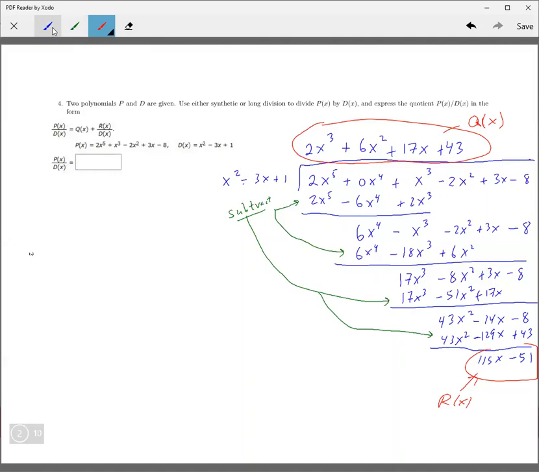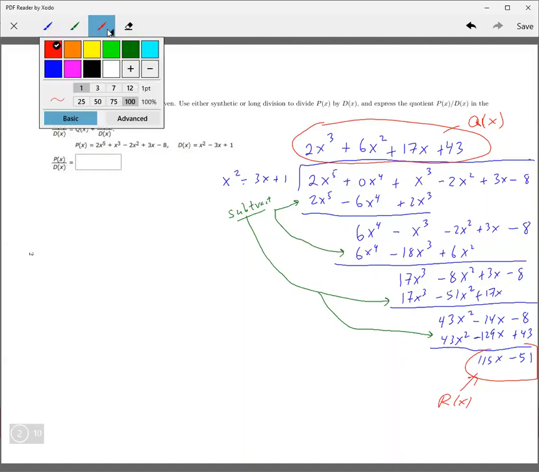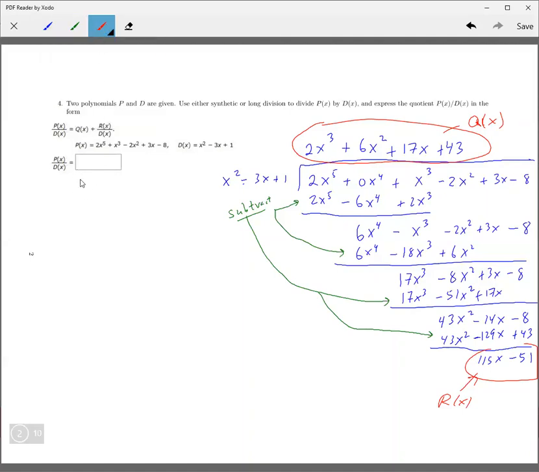Okay, so the answer is going to be 2x cubed plus 6x squared plus 17x plus 43 plus 115x minus 51 over x squared minus 3x plus 1.